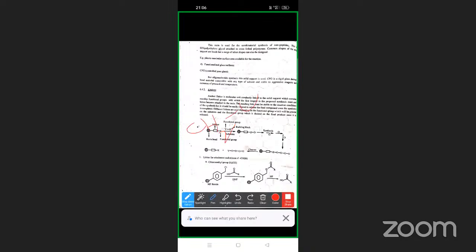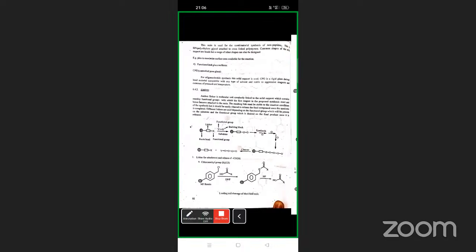In the Merrifield resin we have the chloromethyl group, CH2Cl. This chloromethyl group is your linker. This chloromethyl group linker is useful to release the carboxylic acid here.